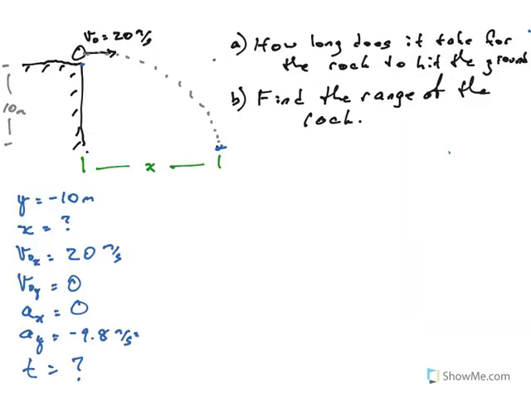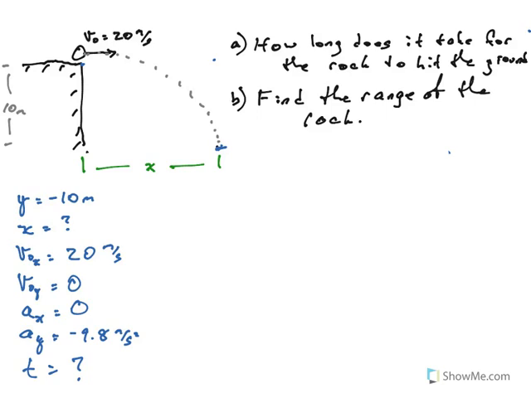Now, if when I do this problem I get a different time, then everything I just said is a bunch of BS. So let's hope I know what I'm talking about. Now that I have all my data laid out, everything in x, everything in y, what am I looking for and what do I have, all that's finished.